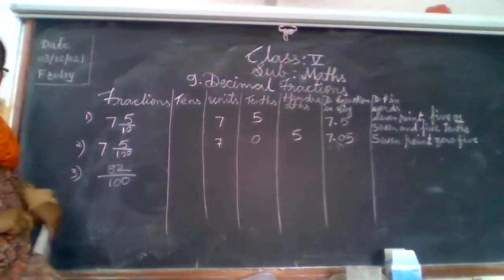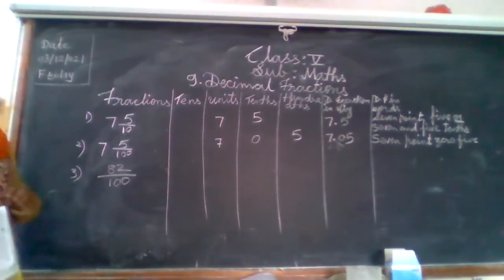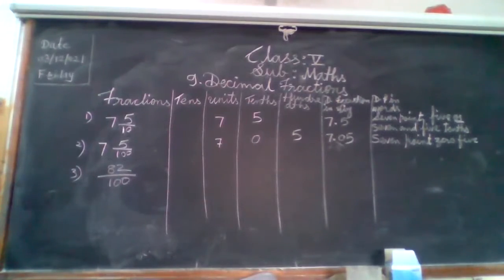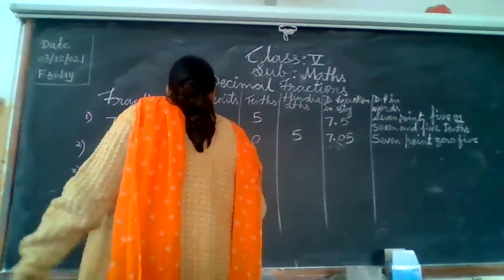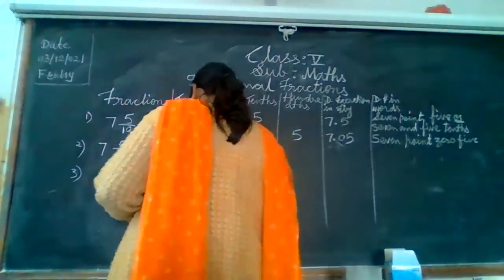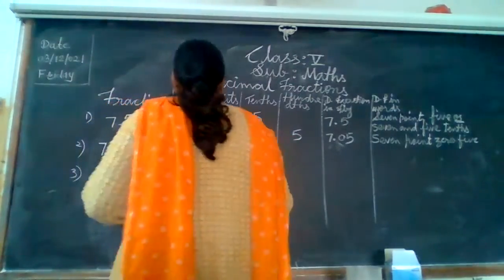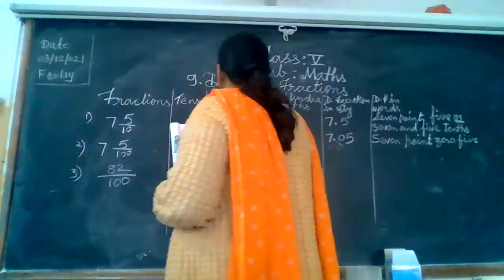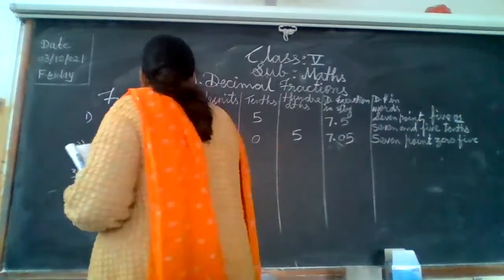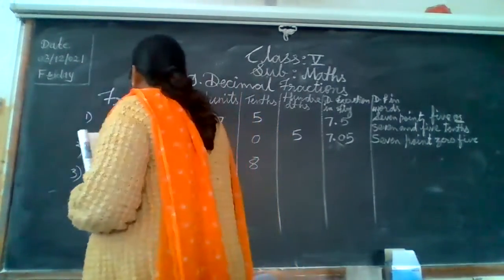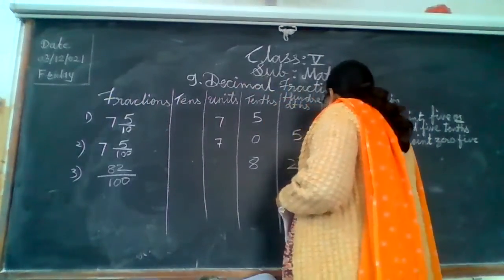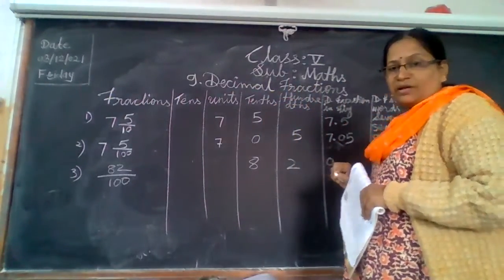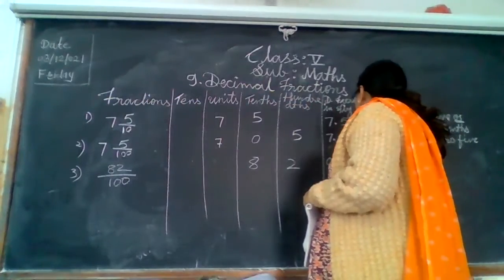82 upon 100. See children, there is no whole number. Only 82 divided by 100 is given. So no tens place, no units place. The tenths place has 8 and the hundredths place has 2. So it is no whole number, so we will put 0 for the whole number. Put the dot and it is 8, 2.